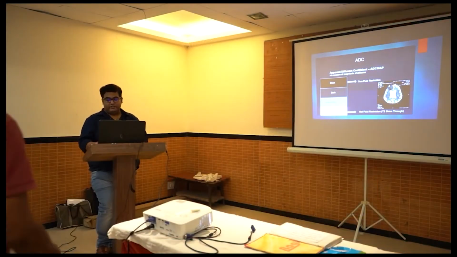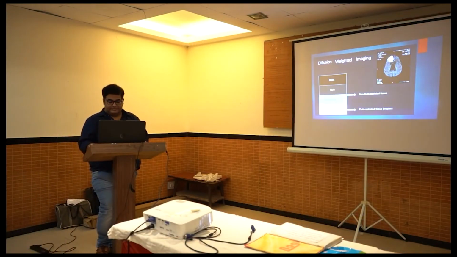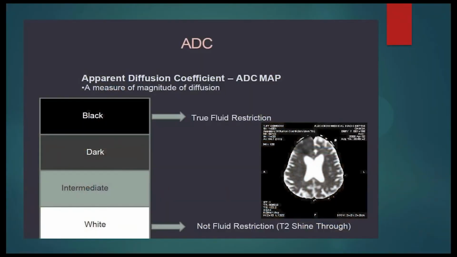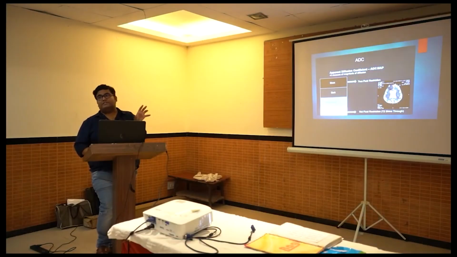If it doesn't get suppressed on an ADC map and it's brighter on that, then it means this lesion is having normal fluid which is very hyperintense. These are heavily T2 weighted images, so that's not pathology, that's T2 shine through effect, which is an artifact. So this stroke is showing true restriction; hyperacute strokes always show true restriction. So we have to do an ADC map also.